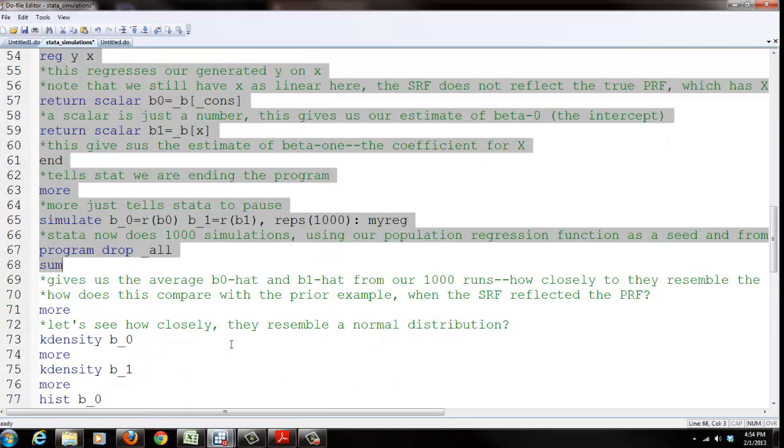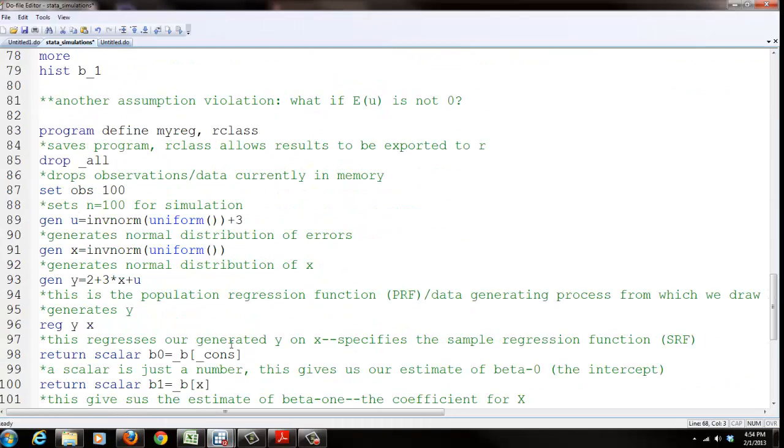The next assumption violation I'm going to look at is a situation where the expected value of the error term is not 0. Keep in mind this is a critical assumption that goes into our model. If the average error term is not 0, and in fact the error term is correlated with x, you can introduce serious bias into your model.